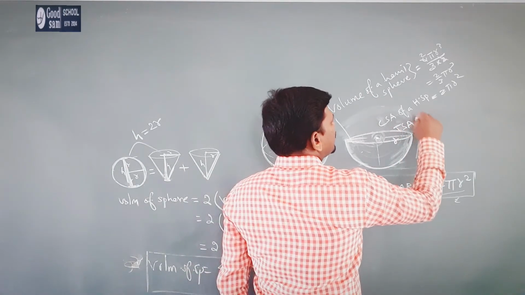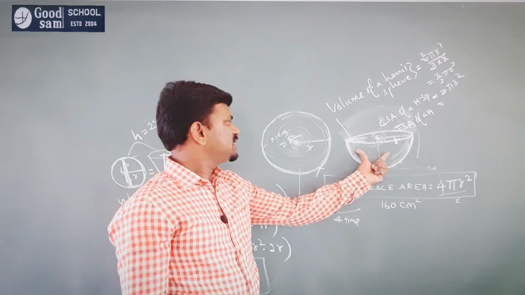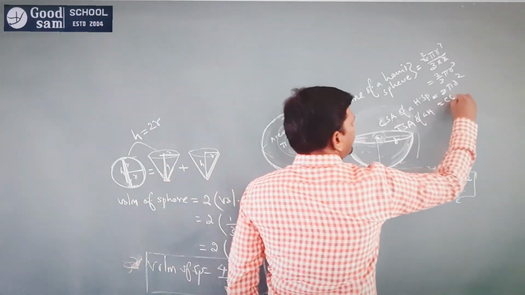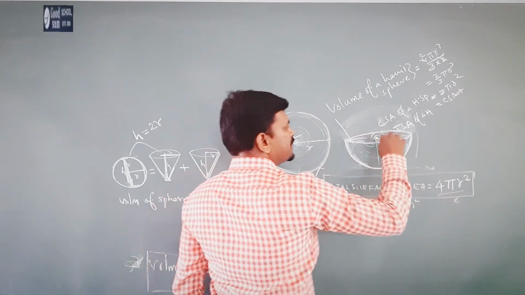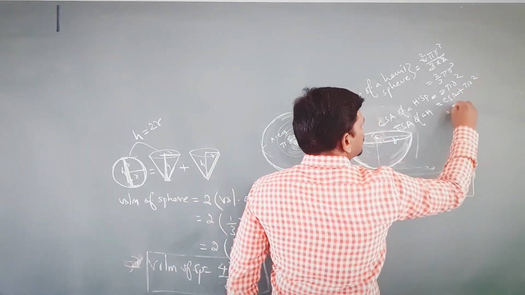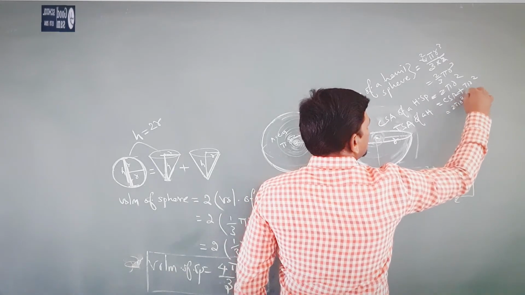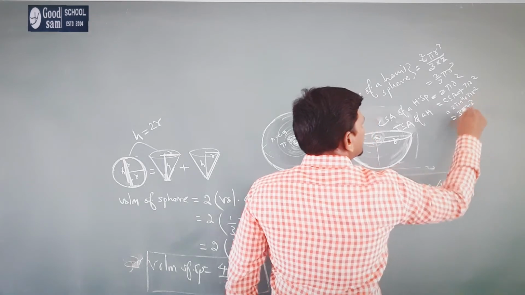Then TSA of a hemisphere is this CSA plus the top, which is a circle, so that is pi r square. So 2 pi r square plus pi r square is equal to 3 pi r square.